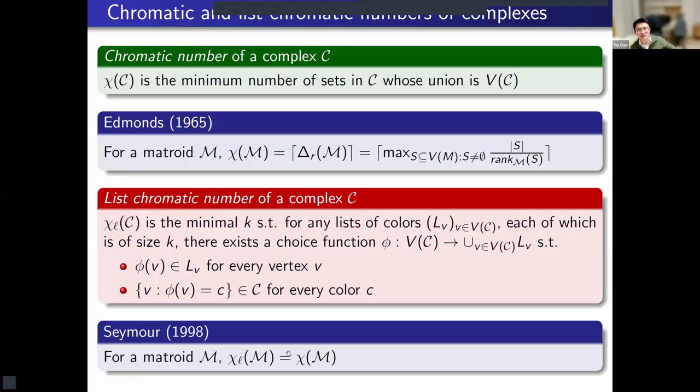Okay, so here are some results about the chromatic number and list chromatic number of matroids. Is there any question?